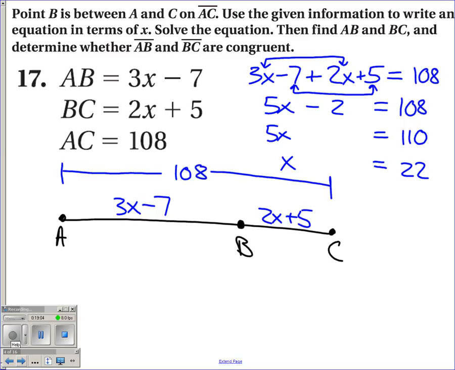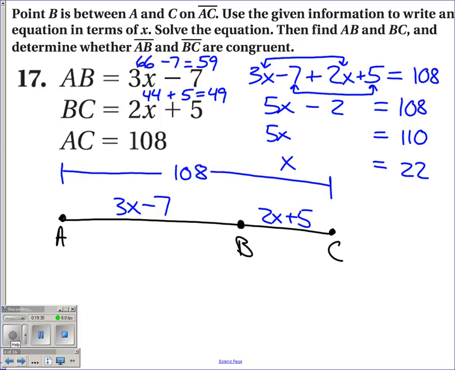So 3 times 22 is 66, minus 7, which is 59. Well, the other one is 2 times 22, which is 44, plus 5, and 44 plus 5 is 49.